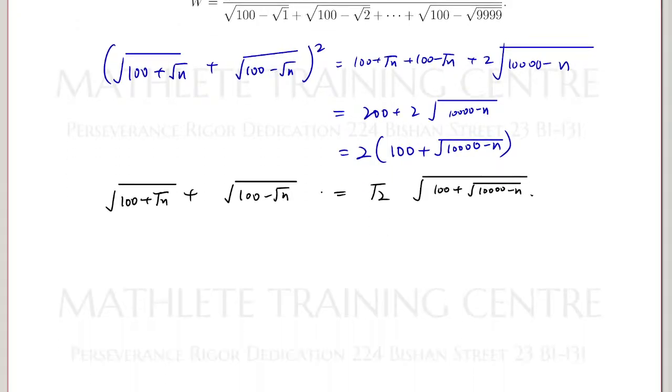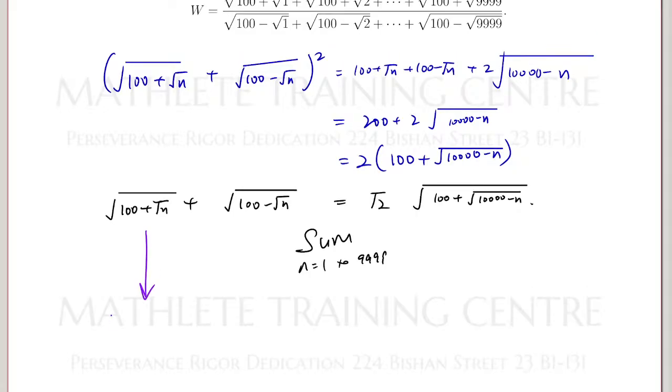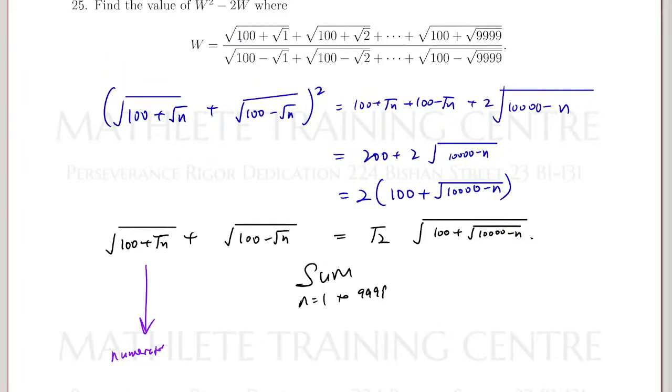And now over here, I'm going to sum the entire thing, from n equals 1 to n equals 9999. When I do the sum, what happens? It is exactly the numerator. Oh, okay, wait, the screen is a bit too low, you cannot see it.